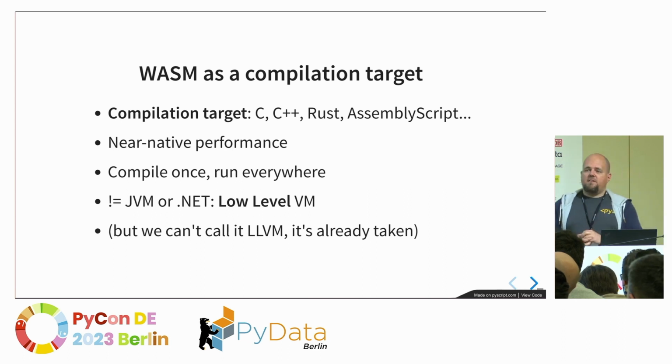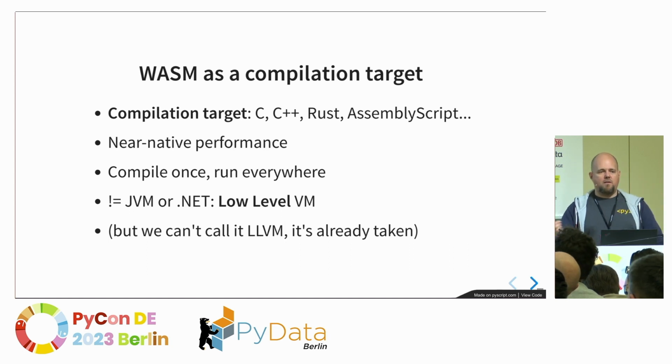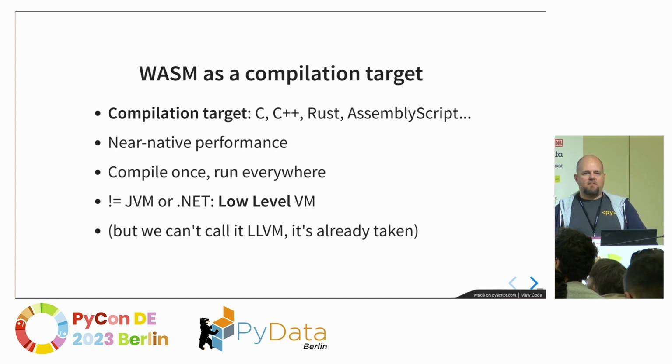I hinted at the fact that we can think of WebAssembly as a CPU, so we can compile languages to it. And the interesting fact is that WebAssembly was designed with the idea that you can compile C and C++ code to it.